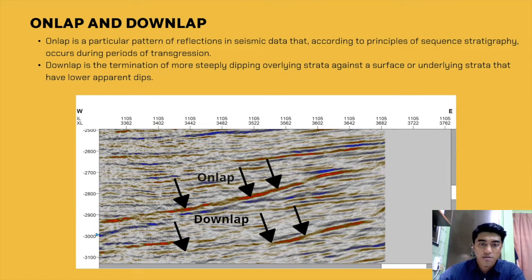As you can see in the picture, the upper arrows show the onlap formation, and the three arrows below show the downlap formation.